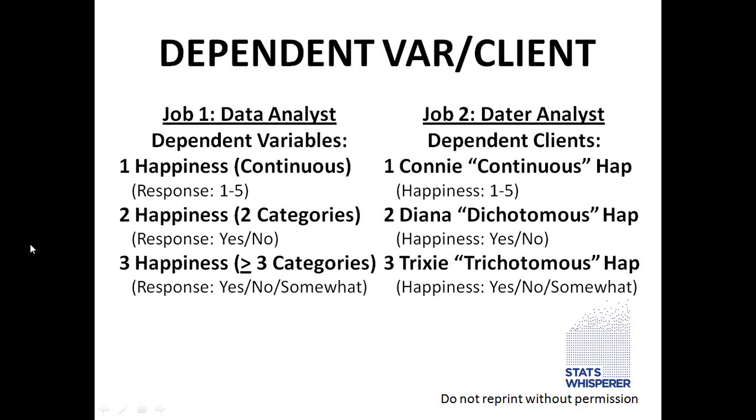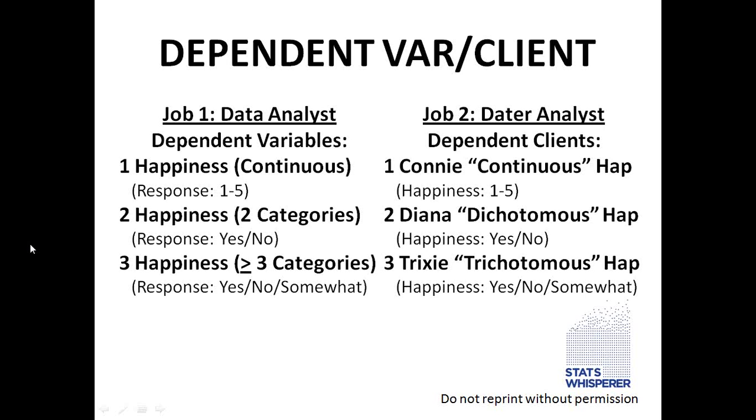Then we have Diana, dichotomous happiness. That's what a 2-category variable is referred to. If you have a yes-no variable, it's a categorical with 2 categories, because di means to cut in half. That's called dichotomous, right? So Diana, dichotomous happiness, which means she's either happy yes or no, no in between.